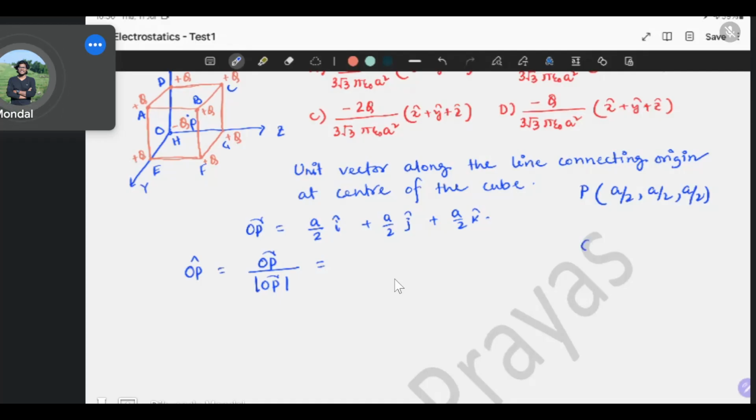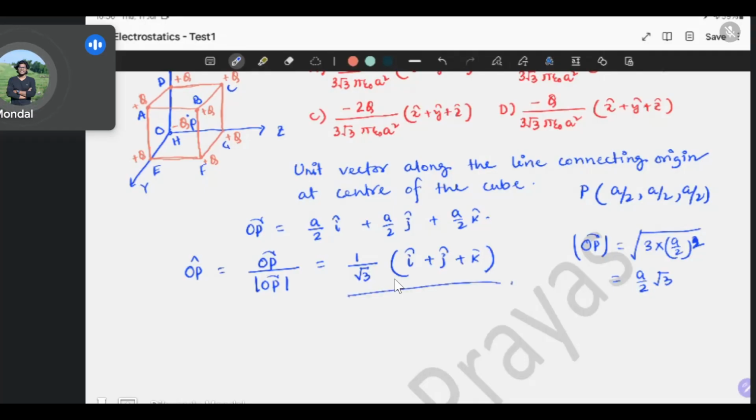Mod of OP is root over 3 times a by 2 whole square, so that becomes a by 2 root 3. If you divide this, it will be 1 by root 3 times i cap, j cap, k cap. So this will be the unit vector.